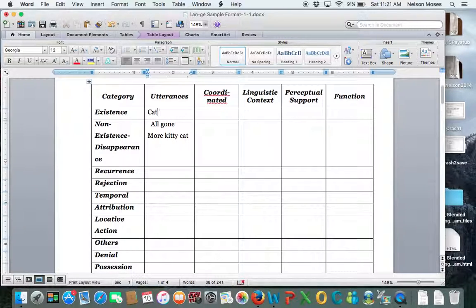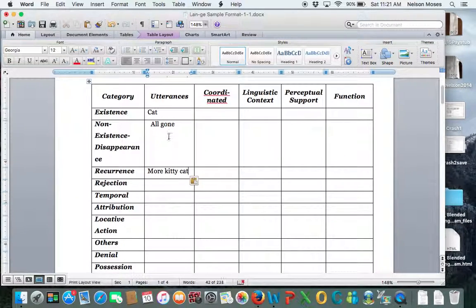We will simply put here those utterances that have no verb relation implied. That is no SVC, no verb, and no syntax. All gone, I would put that under non-existence or disappearance. More kitty cat, that looks to me like it would be recurrence.